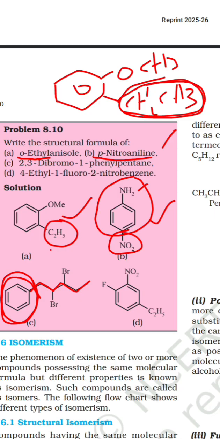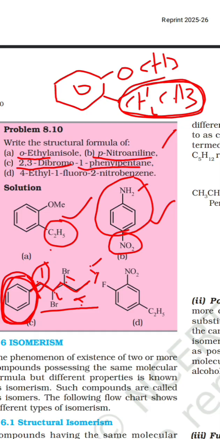So on the pentane system, at the end, a phenyl group is there. Here the first carbon, this second carbon, this third carbon, fourth carbon, this fifth carbon. Second carbon and third carbon have bromo, dibromo. So the name of the compound is 2,3 dibromo 1 phenyl pentane. That means at the first carbon a phenyl group is available, and it is a pentane system, 5 carbons.